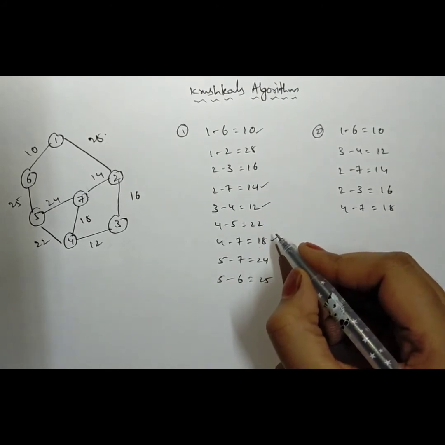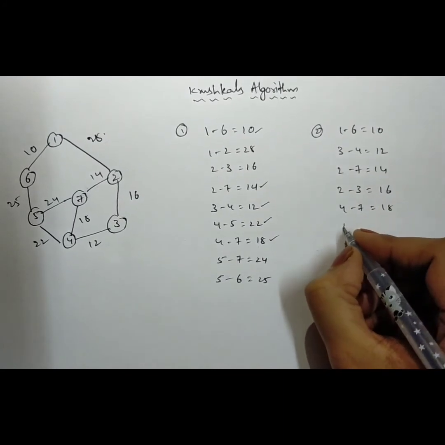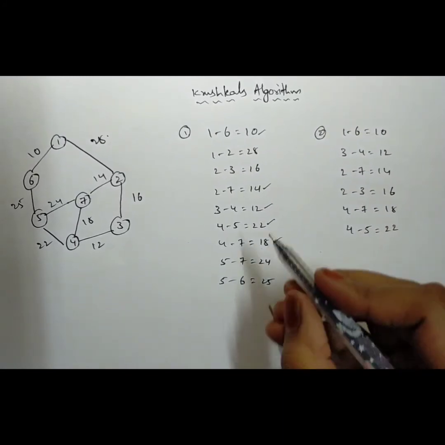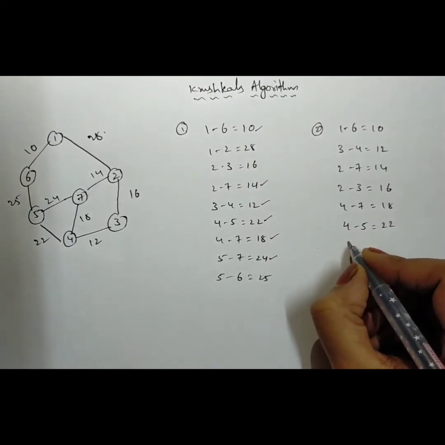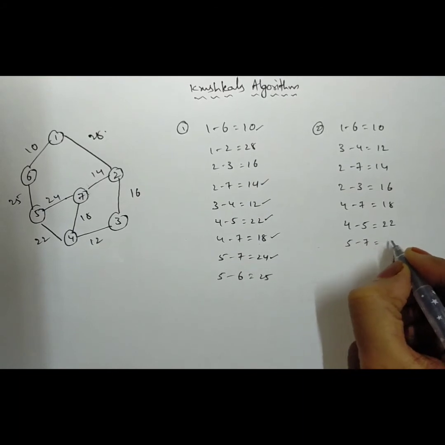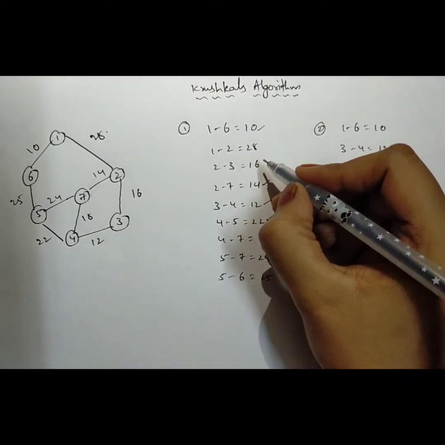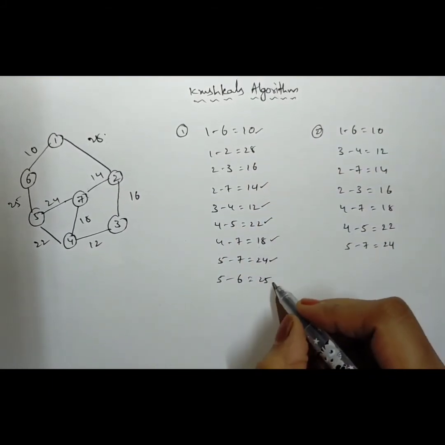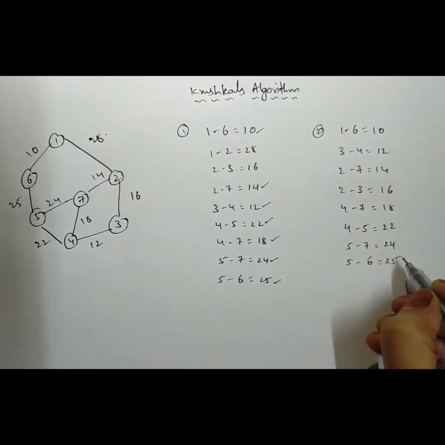Next smallest weight is 22, that is 4 to 5 with weight 22. Next smallest distance is 24 with edge 5 to 7. Next smallest weight is 25, 5 to 6, 25.